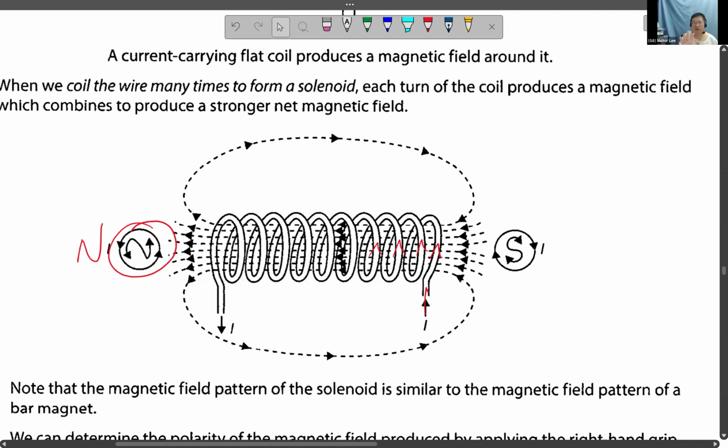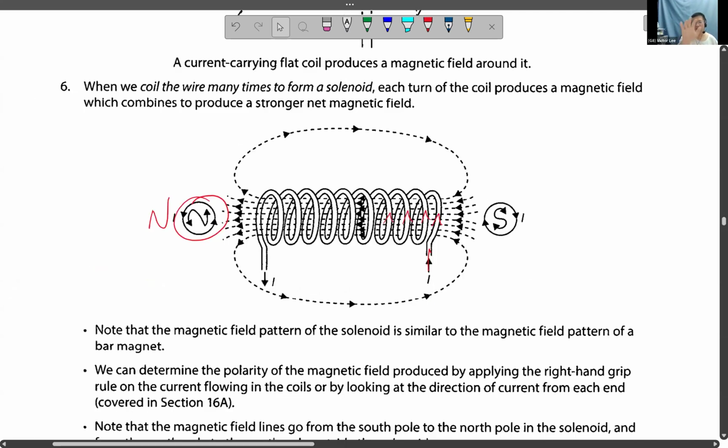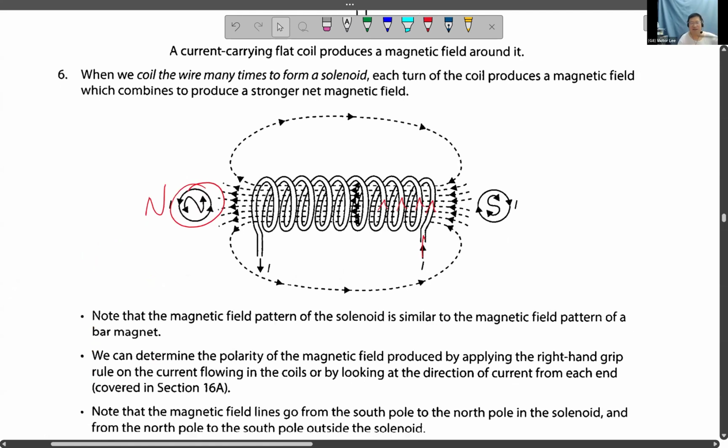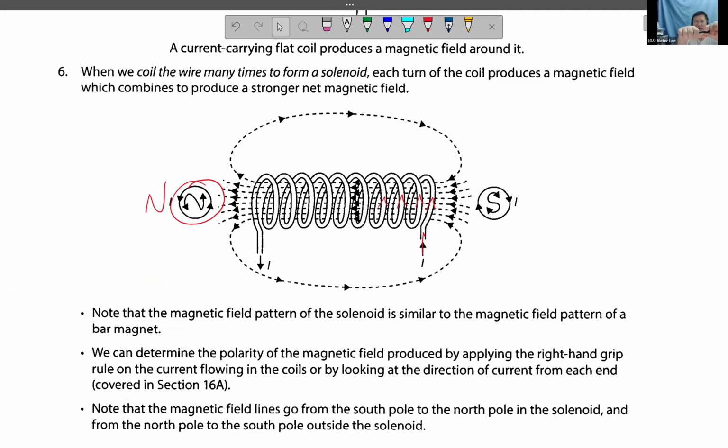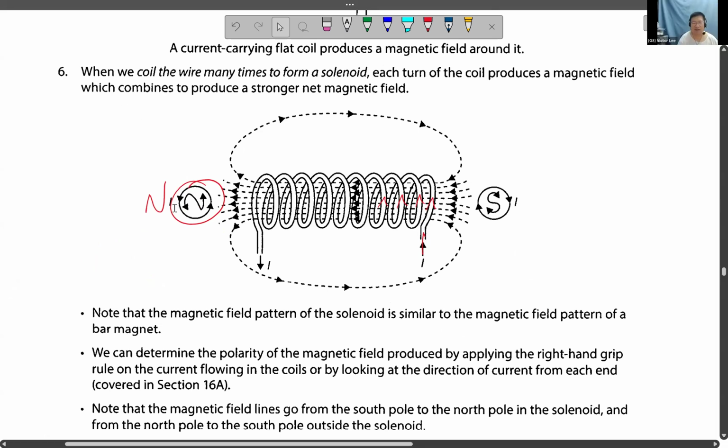Imagine this is a solenoid. Current goes to the back like that. So north is on the left, and south is on the right. Yeah, so that's how you do it.